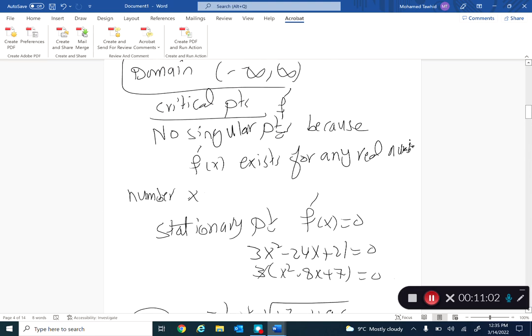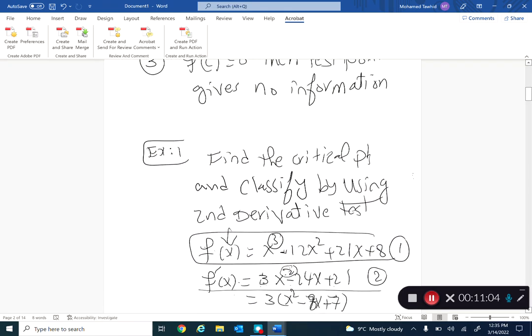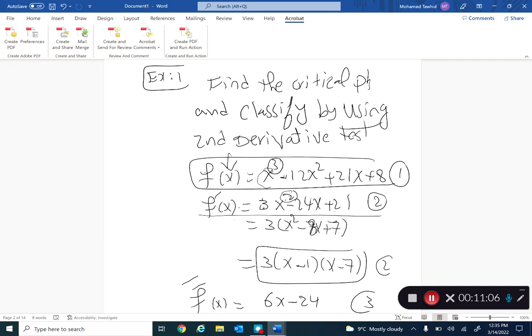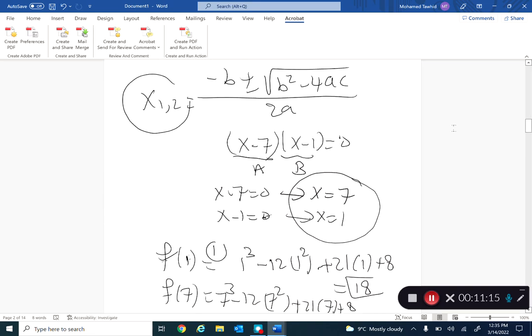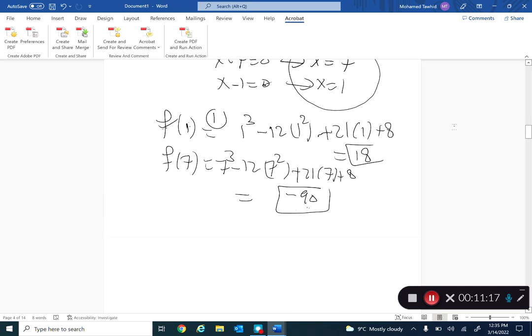Look at equation 1: just replace x by 1, then replace x by 7, and you get a finite number. The reason you also need the value of f at 1 and at 7 is that it could be your minimum or it could be your maximum.